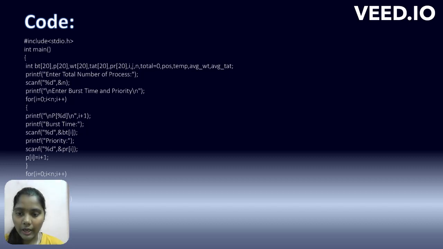Close the curly bracket. Again we are using a for loop, open braces, i = 0; i < n; i++. Open curly brackets. pos = i. For j = i+1; j < n; j++, open curly braces, if pr[j] < pr[pos], pos = j.